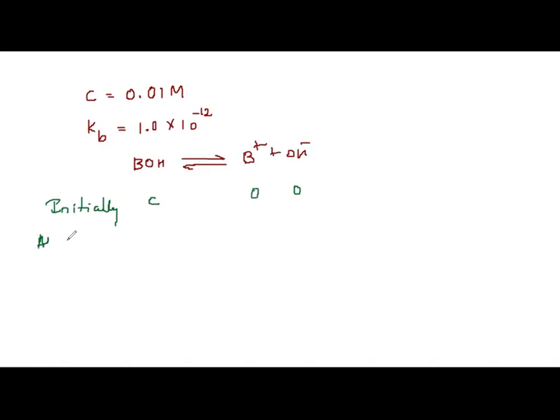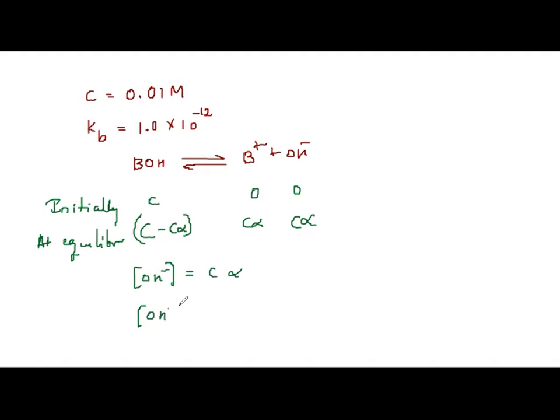At equilibrium, C concentration of this gets converted into dissociates. Therefore, C alpha is formed here and equally C alpha is formed. So how much remains? C minus C alpha. That I can write it as C into 1 minus alpha also. Is that right? Yes. Therefore, OH minus concentration is what? It is C alpha.